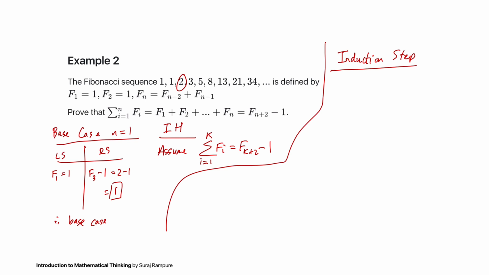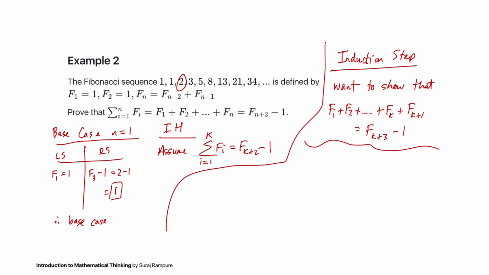Yes, we want to show that f of 1 plus f of 2 all the way until f of k plus f of k plus 1 is equal to f of k plus 3 minus 1. Okay, so that's what we're required to show. That's our goal right now. Is that clear?